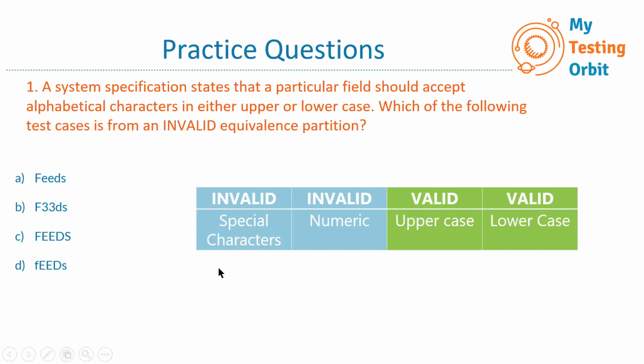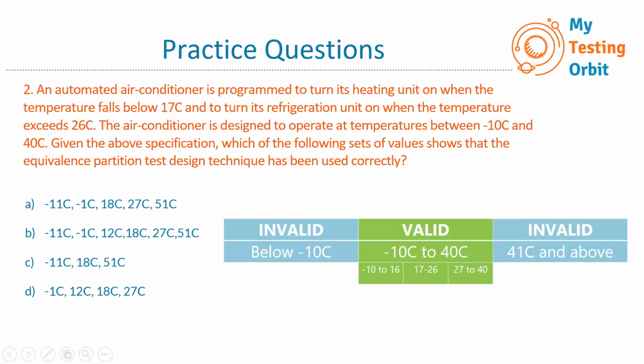And the second question was this one. This was also part of the assignment. It says an automated air conditioner is programmed to turn its heating unit on when the temperature falls below 17°C and turn its refrigeration unit on when the temperature exceeds 26°C. The air conditioner is designed to operate at temperatures between -10°C and 40°C.